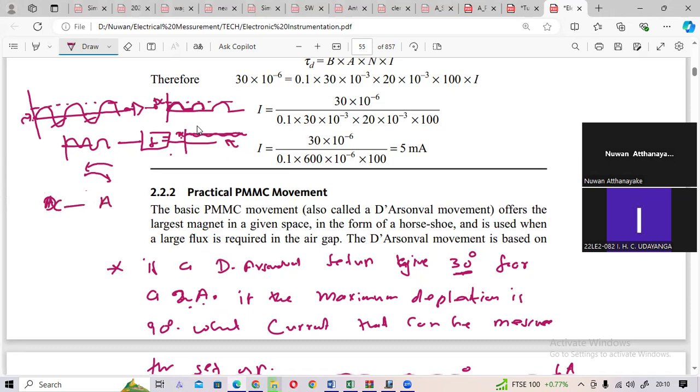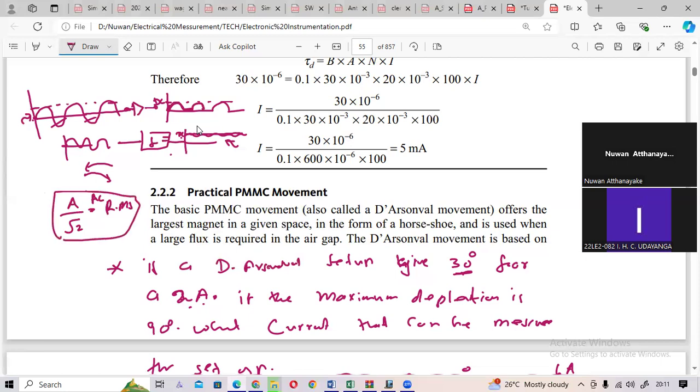Then using that amplitude, you can measure the RMS value of this one. So amplitude divided by √2, this is the RMS value of this AC current. Current RMS value.